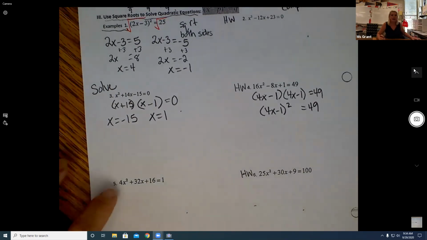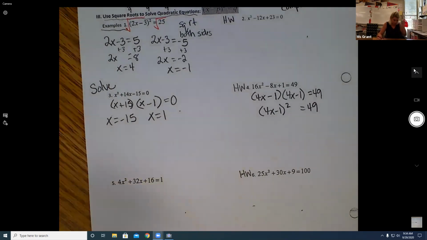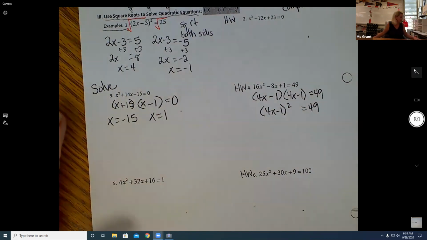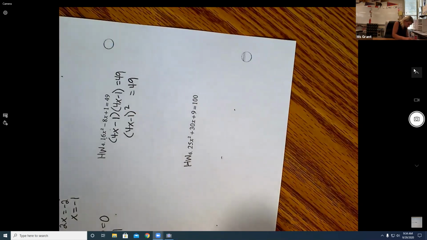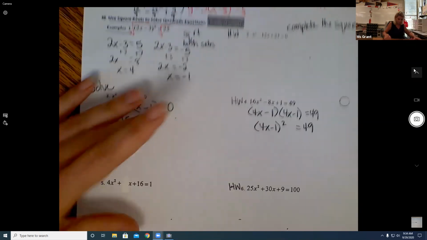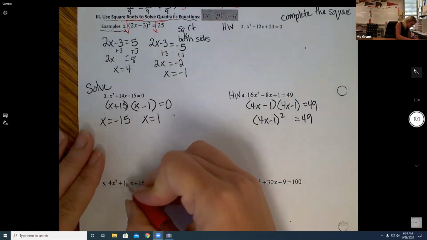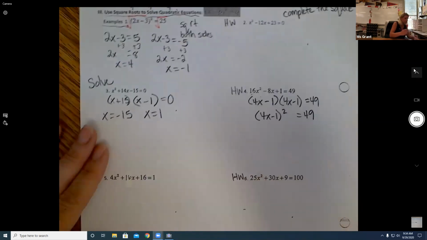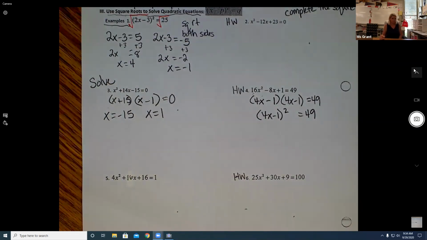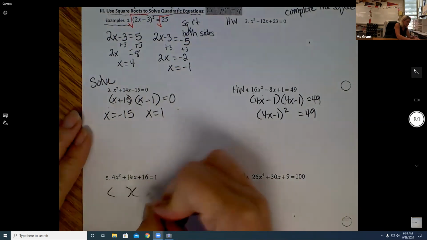Okay. On number 5, there is a typo, which I need to discuss with you. This should be right here. Let me write that out. $16. All right. What is a perfect square trinomial that this can become?